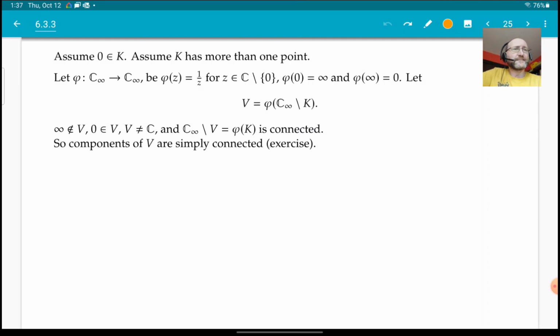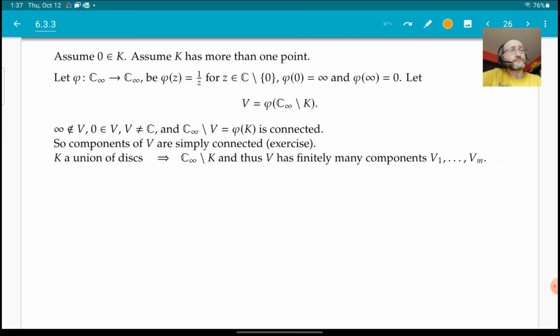It's a little bit of an exercise, so I'll just leave that to the viewer, or reader. Presumably you're reading the book. So left to student. It's not that hard, but it's not completely immediate either. But basically, it's using this thing that if the complement is connected, then the set is simply connected. So all right, the components of v are simply connected.